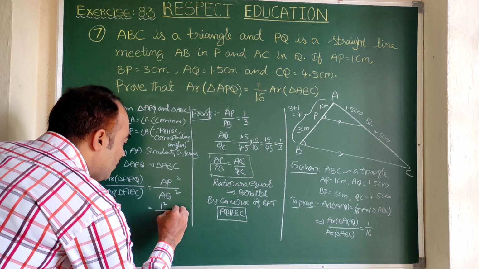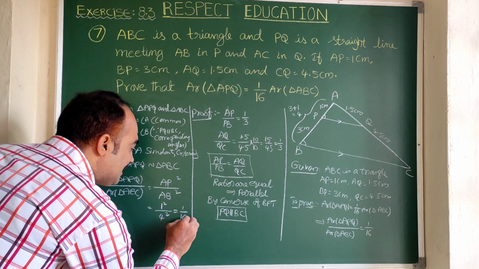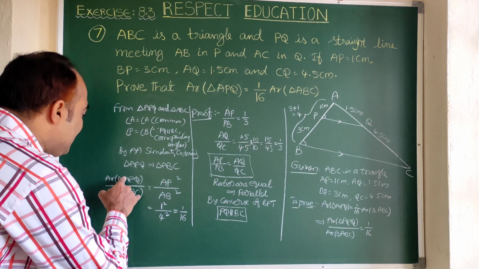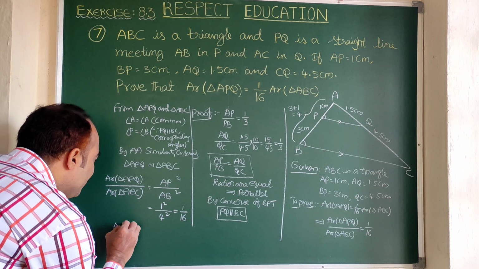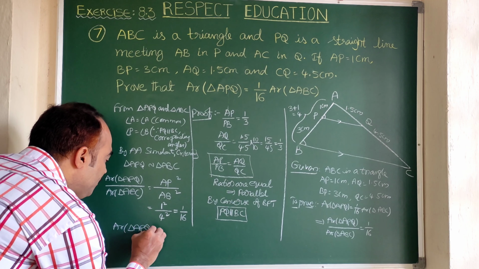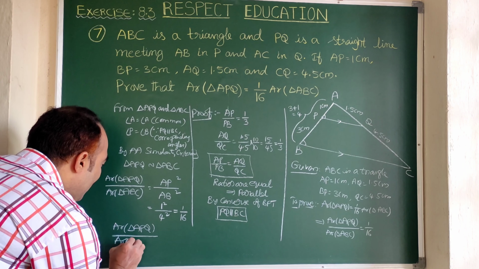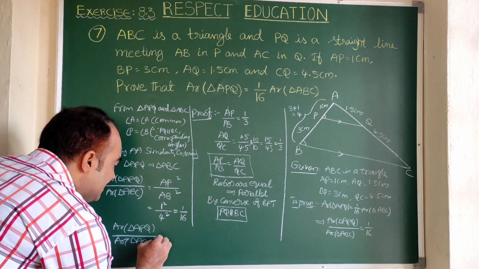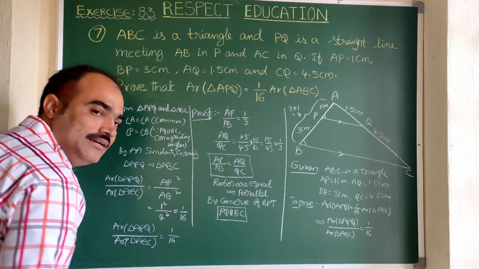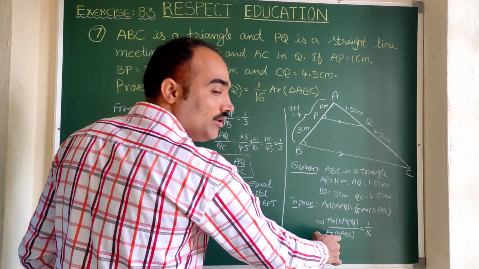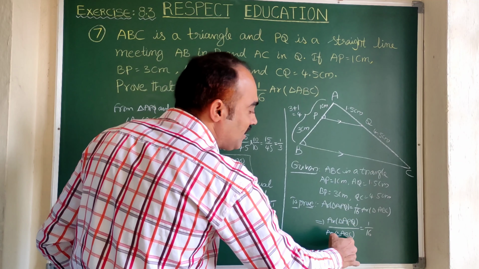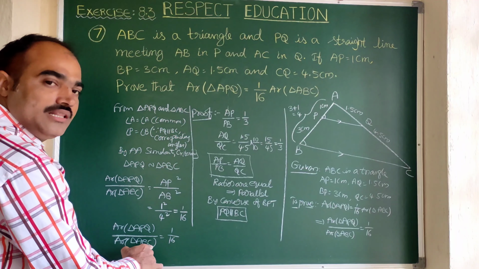So it is 1 by 16. We get here area of triangle APQ by area of triangle ABC is equal to 1 by 16. Here you see what is to be proved now: area of triangle APQ by area of triangle ABC is 1 by 16. Here we got the same.